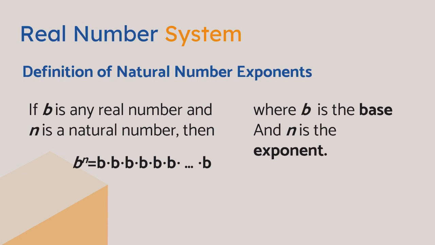Also, we learned further that when we have signed integers with an exponent, the base doesn't always include the sign. It depends. If we have a signed number only and the number is raised to a particular exponent, then the base is such a number. But if we have a signed number inside a parenthesis and the exponent is outside the parentheses, then the base includes the sign. So that's what we learned.